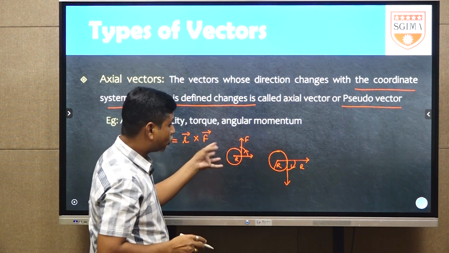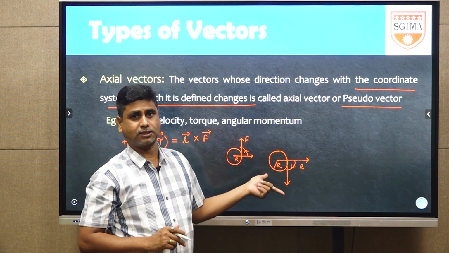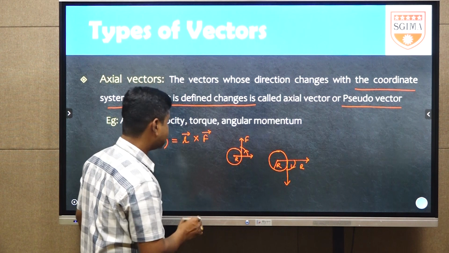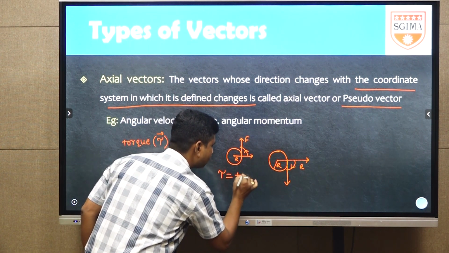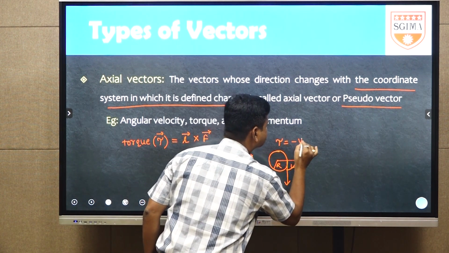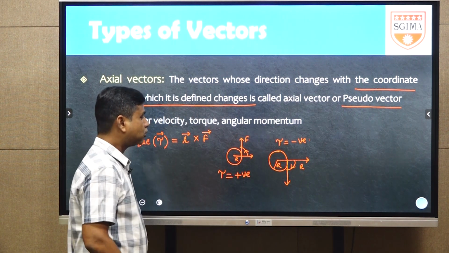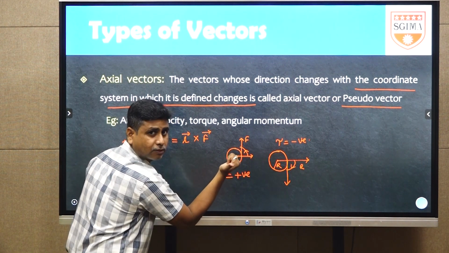When it is clockwise, the resultant acts in the inward direction. When the rotation changes, the resultant vector direction changes. Here outward means the torque is in the positive direction, but here the torque is in the negative direction. But this direction also cannot be shown; it is in the air.